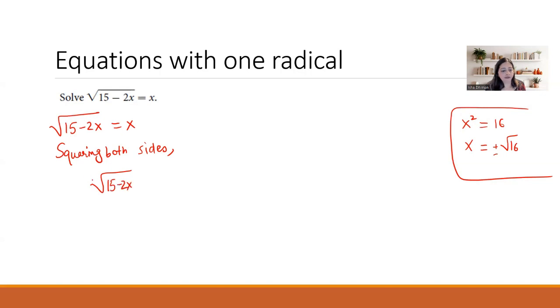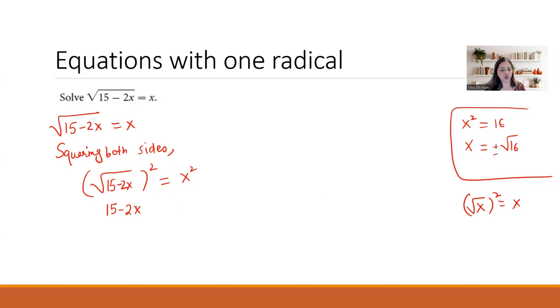square root of 15 minus 2x, squared, equals x squared. Now, what's the benefit of doing this? On the left-hand side, I'll just get 15 minus 2x, because we know that the square root of x square is simply x. So whatever is sitting inside the radical, you just copy and paste there.